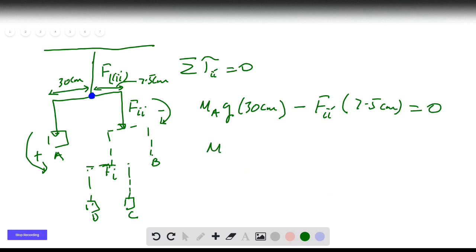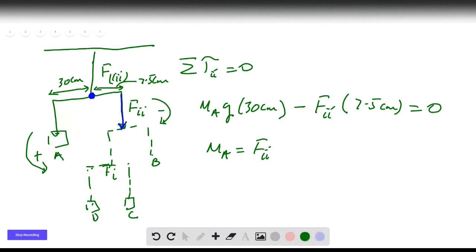And so to solve for MA, we have the force pointing upwards, not that force, sorry, but this other force right here, producing a torque that way.